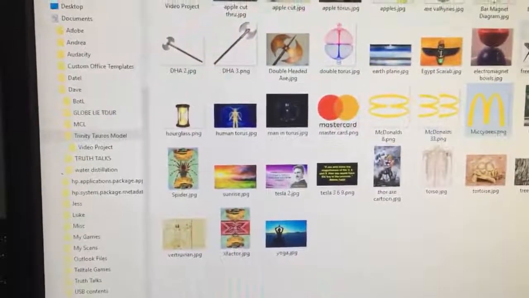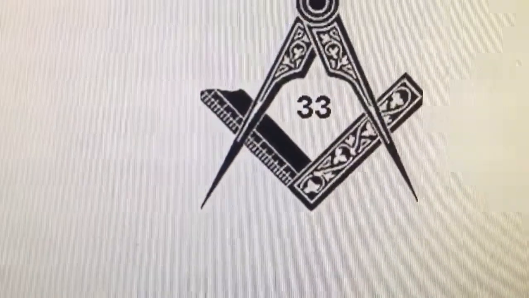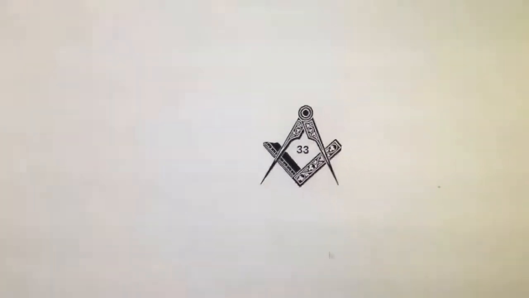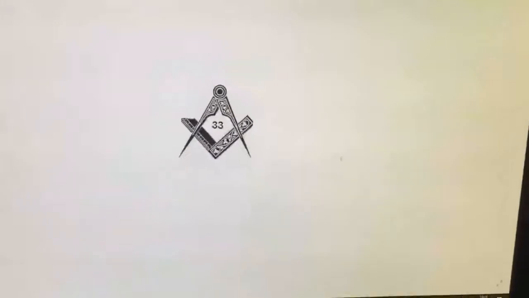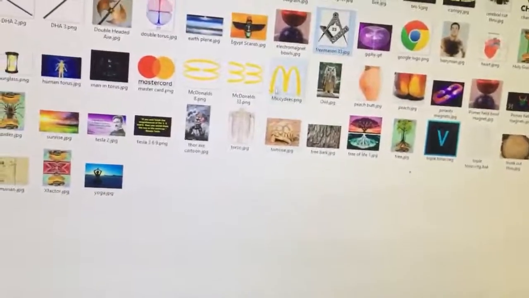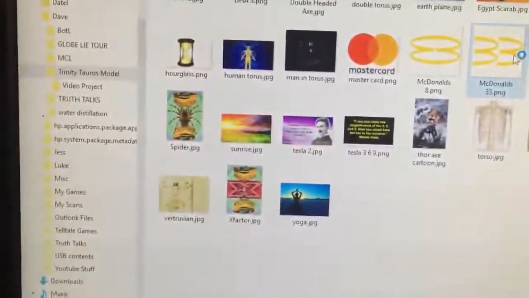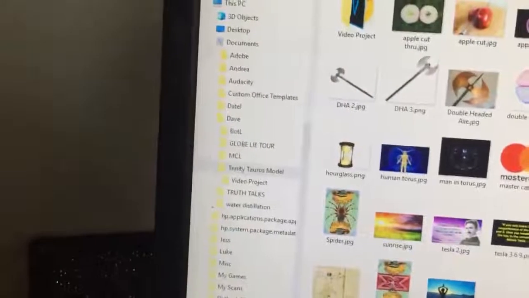And we all know that in Freemasonry, the number 33 is extremely significant. So 33, we'll get to the peach later.